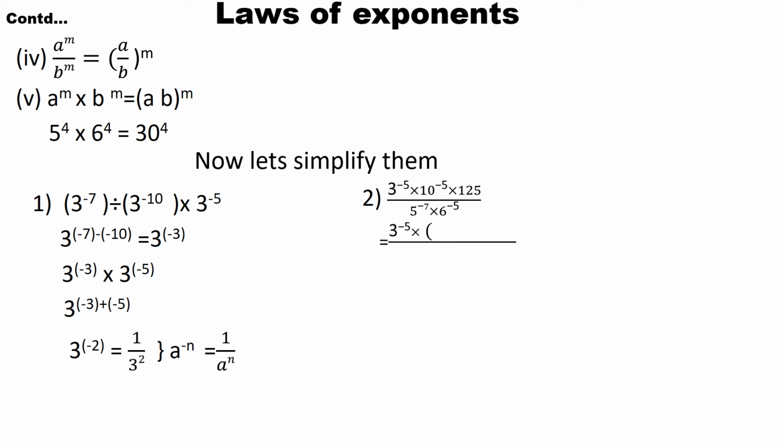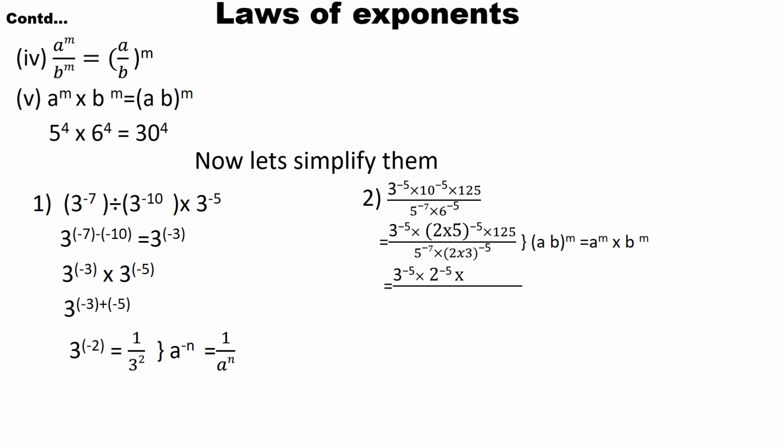Then we have to follow the laws of the exponents. 3^(-5) into (2 into 5)^(-5) into 125 by 5^(-7) into (2 into 3)^(-5). We are following the formula (a into b)^m is equal to a^m into b^m. So 2 into 5 is 10, right? 2 into 3 is 6.